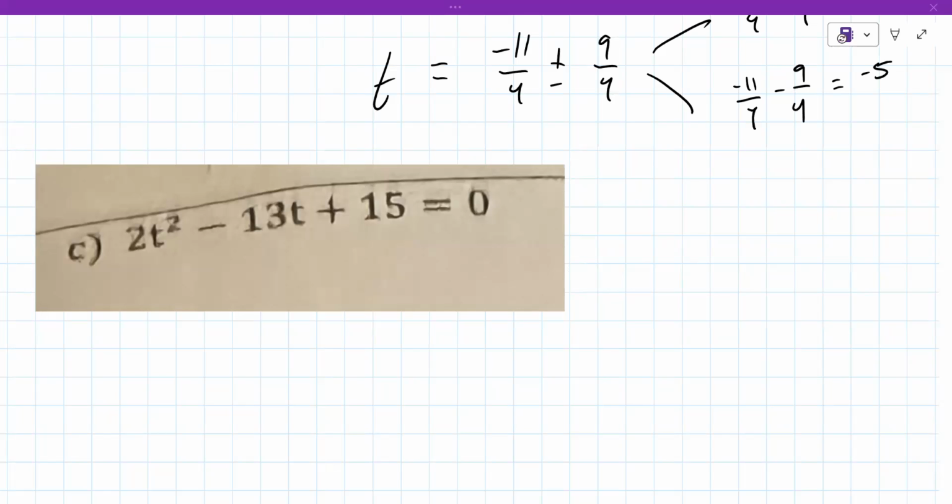13/4 squared. And you get 169 over 16. So then -50.